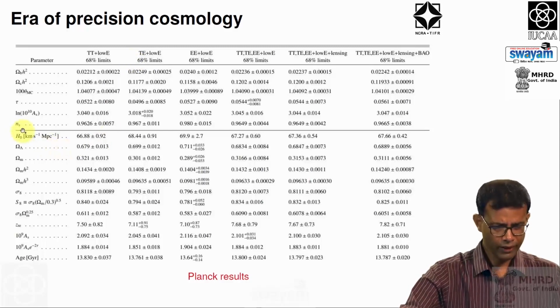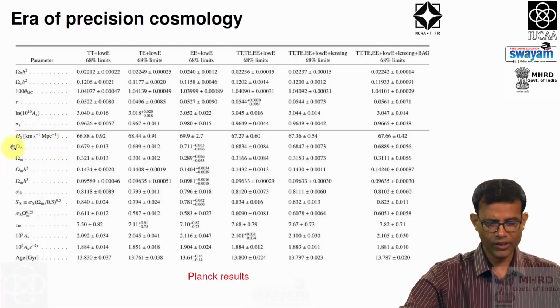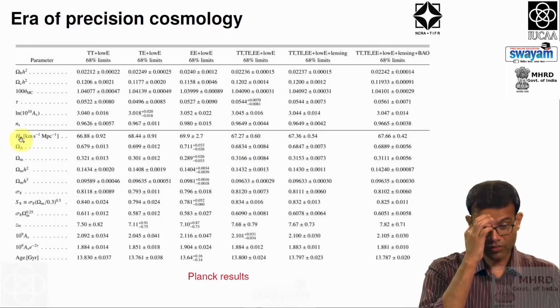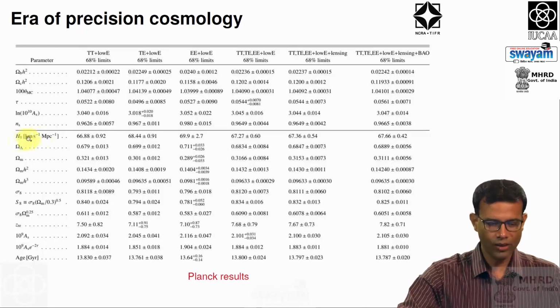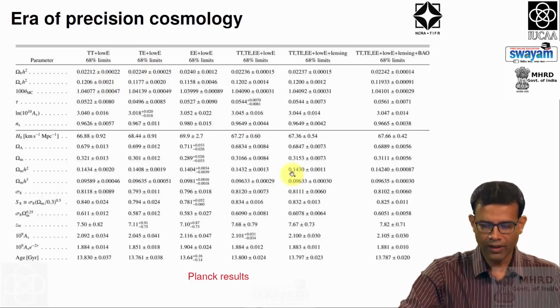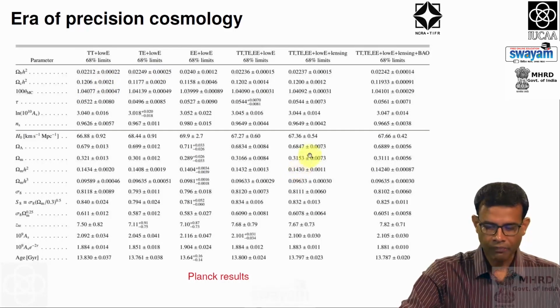If you come down, you will see various parameters which we have discussed. For example, the value of H naught. Till now I have been saying that H naught is of the order of 70 from recent observations, and you can see what the values are. It slightly depends on what kind of data sets you are going to use, but the error bars are of the order of 0.4. Okay.